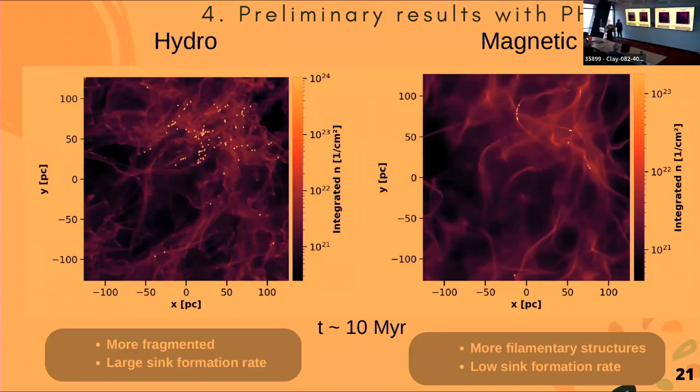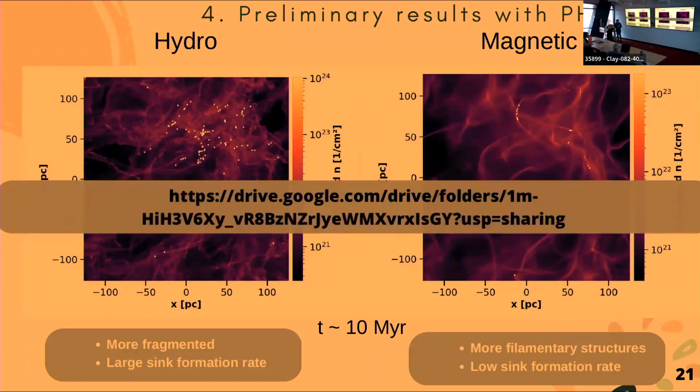This is almost to compare with the simulation with Gadget, which has almost the same parameters. If you are interested in seeing all the images for all the snapshots, you can go to this link.